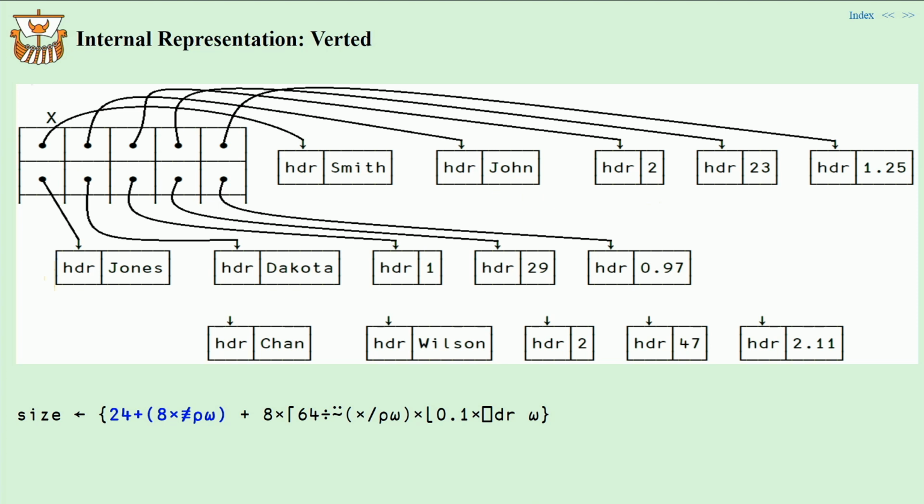And the part in blue shows you the number of bytes for the header, a fixed 24 bytes, and then 8 bytes for each element of the shape. And this is for 64-bit systems. So if a table is verded, then you have a 64-bit or 8-byte pointer for each item, plus whatever it points to, which has a header and then the data.